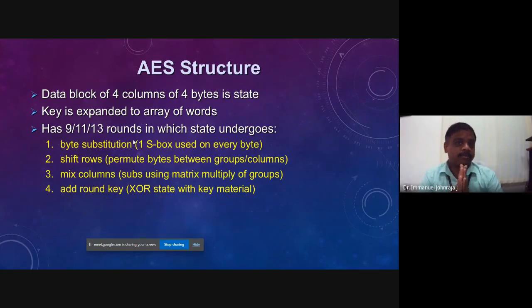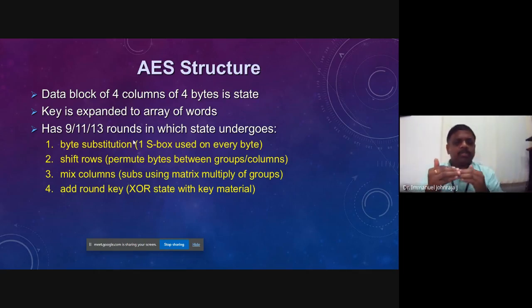What are those 4 transformations? First one is byte substitution. So one S box is used on every byte. We are going to see how it works. As we have learned, every cipher uses substitution and transposition. So initially it goes for byte substitution.